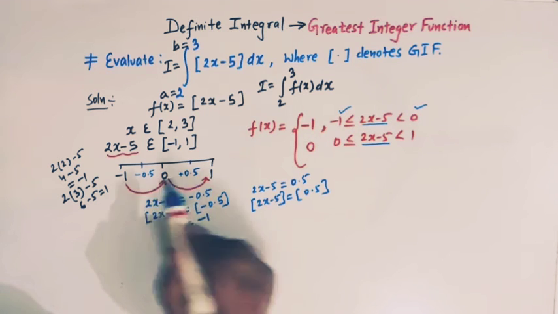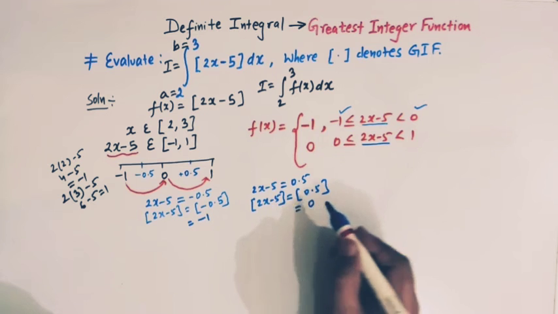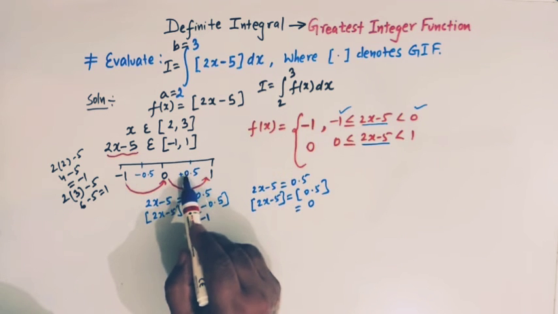So obviously 0 is the greatest integer which is less than 0.5.